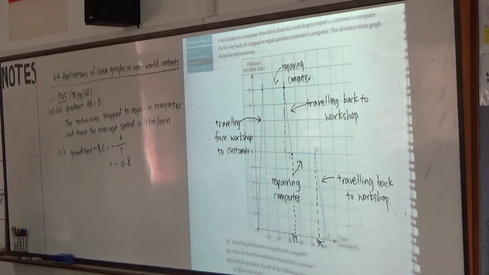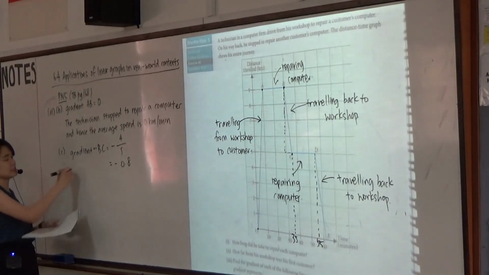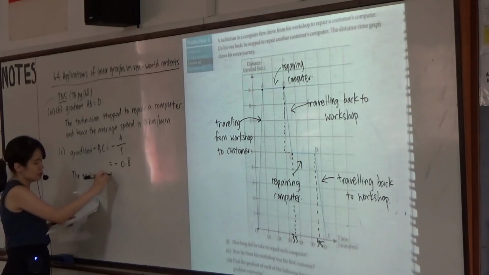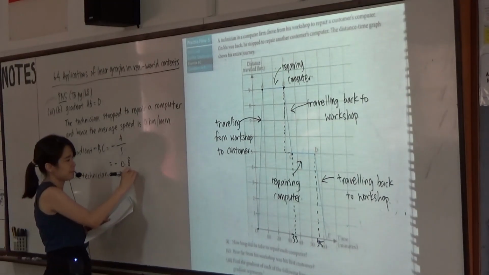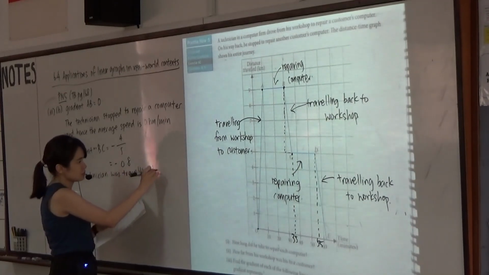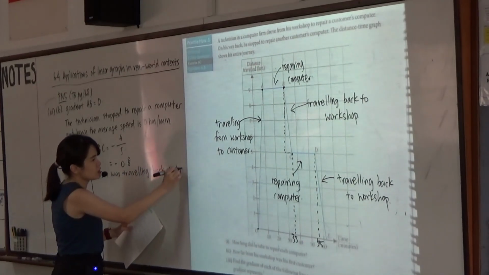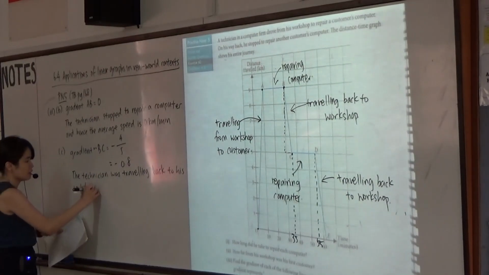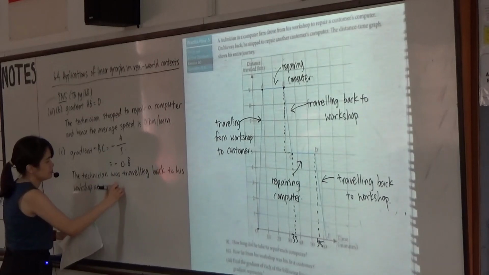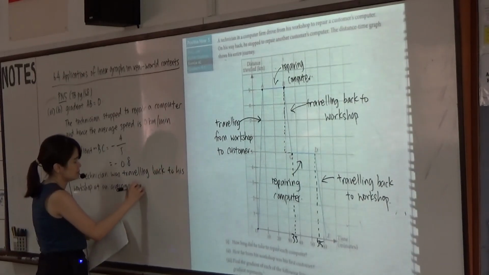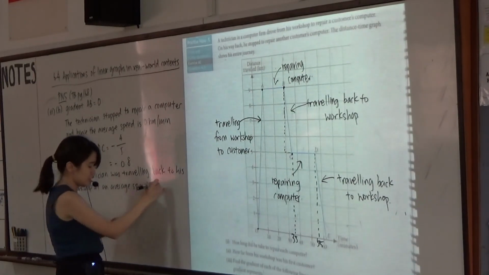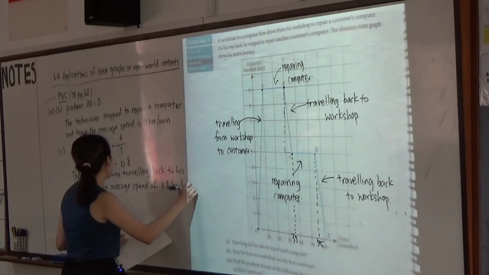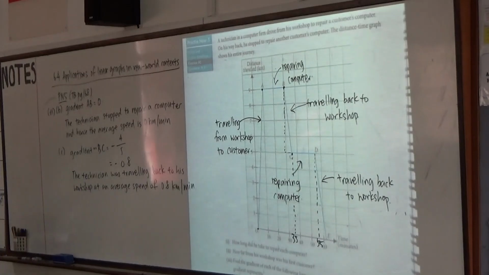So in order to interpret this, we say that the technician was traveling back to his workshop at an average speed of 0.8 kilometer per minute.